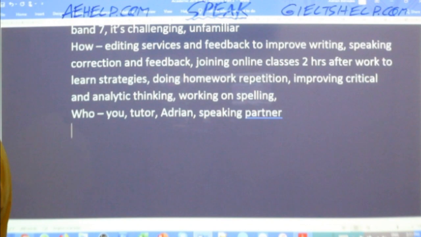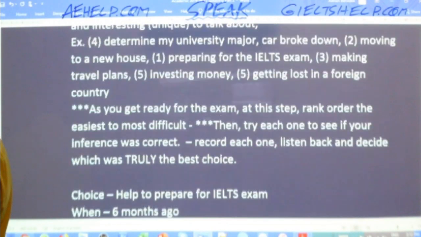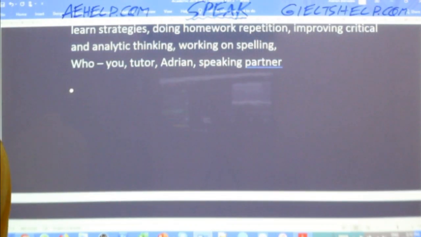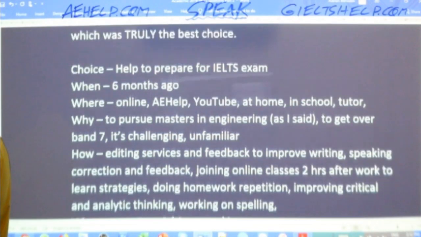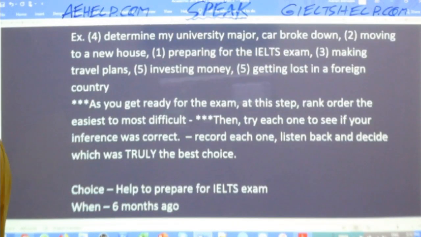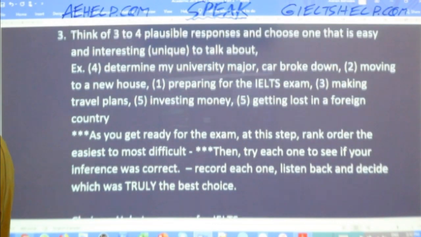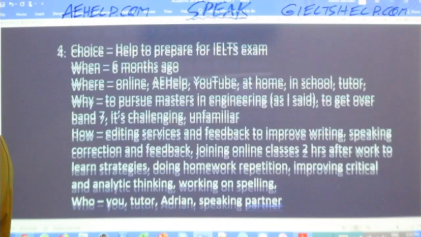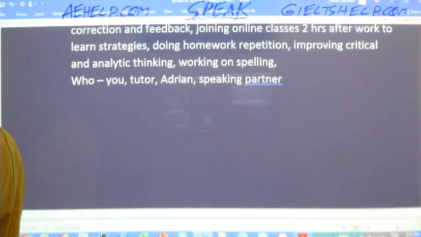Then we have one more step that we need to squeeze in to complete our 1 minute preparation time. Step number 5. Okay, this was step number 4. And what is step number 5?